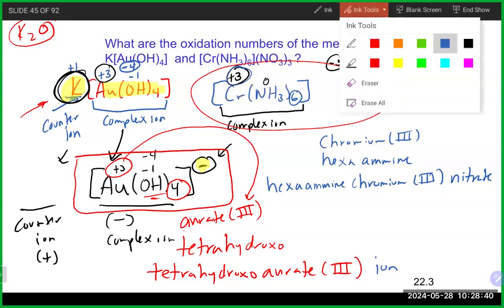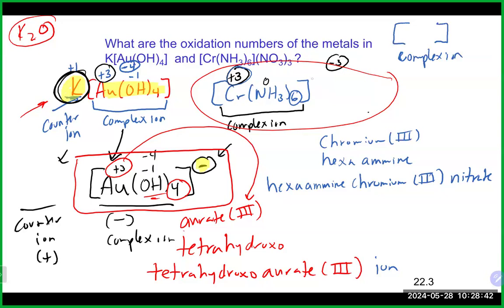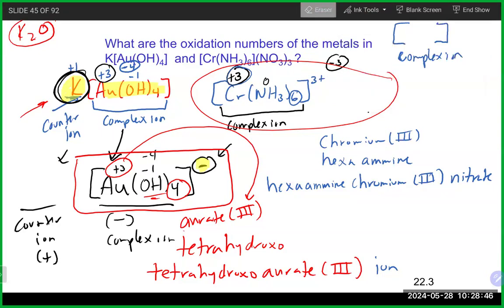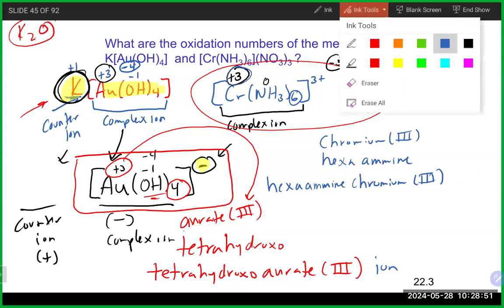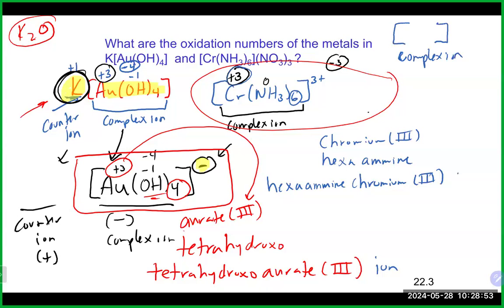And in this case, it was a +3. We would also obviously not use the counter ion name, and we would just put ion at the end of it. So we do use the same rules to name the complex ion by itself without the counter ion present. And again, we would just have ion put at the end of it. Any question on that one there?